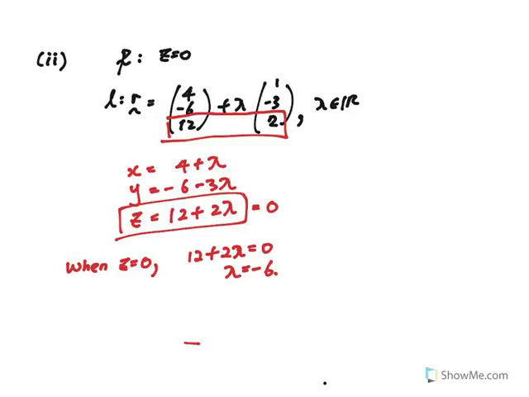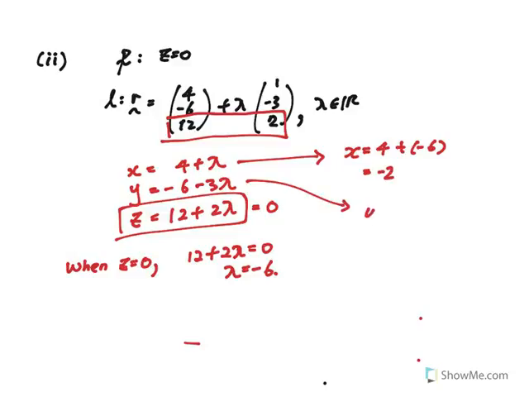This means that at the point of intersection between the line and the plane, your lambda is negative 6. Since lambda is negative 6, we can easily find the x coordinate. Here, x is equal to 4 plus negative 6, which gives us negative 2.